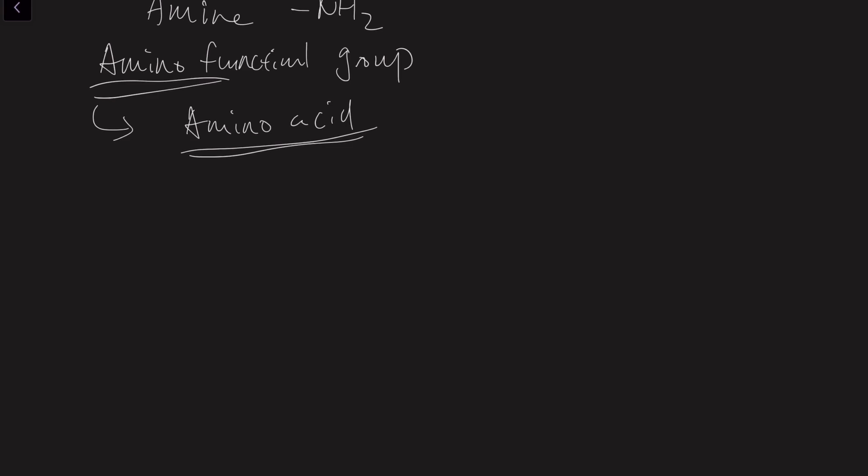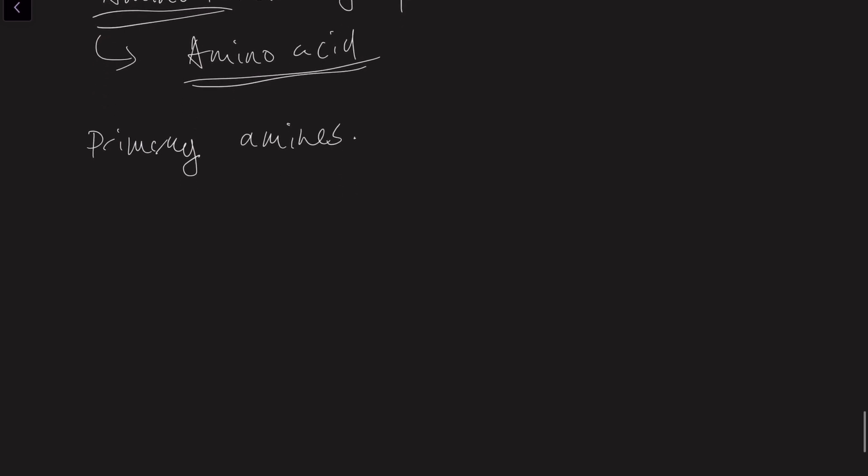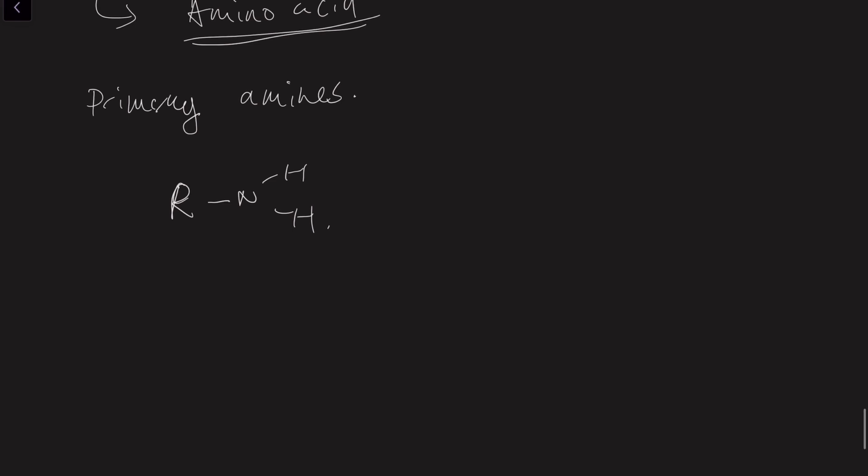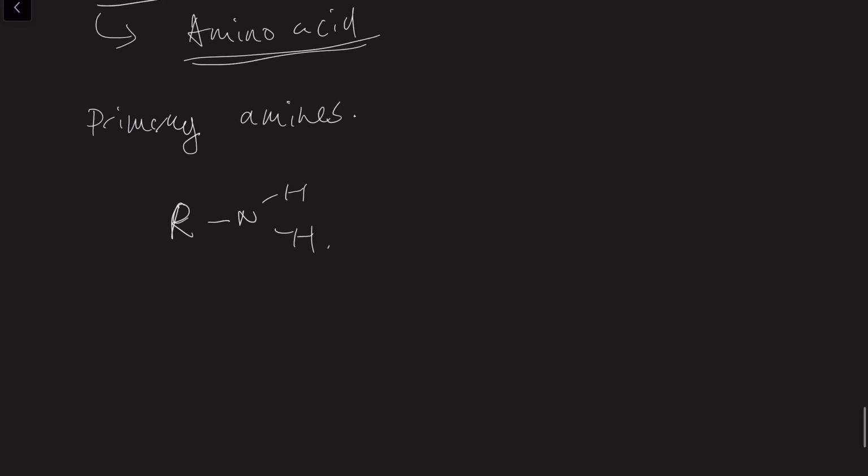For the VCE exam, you only need to know the primary amines. So the general formula is the rest of the carbon chain attached to NH2. One example is this.